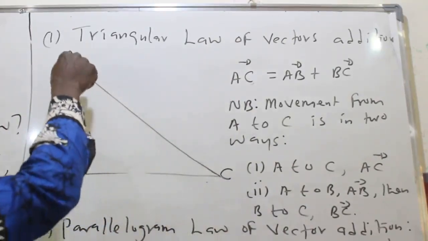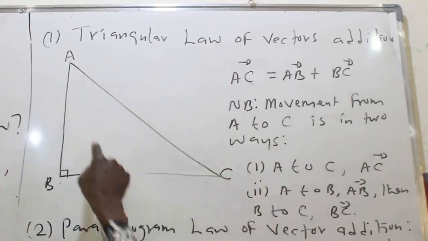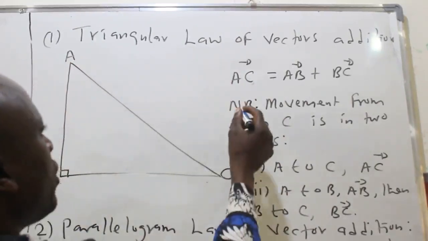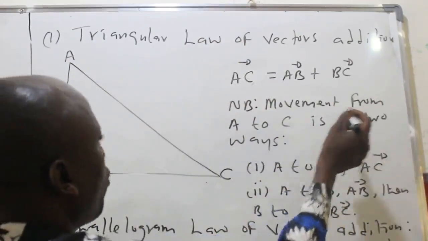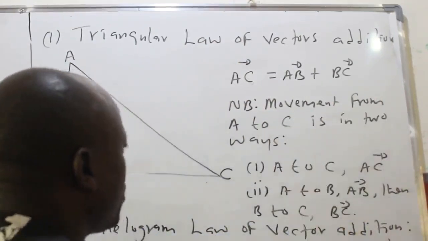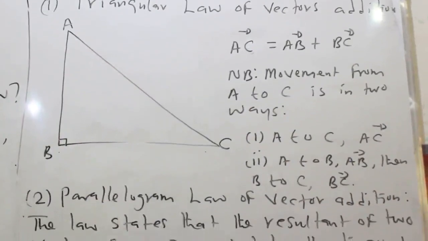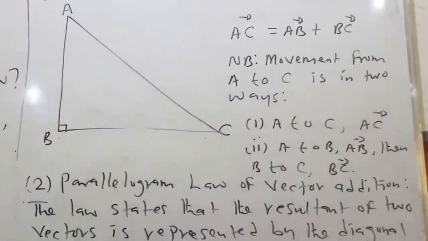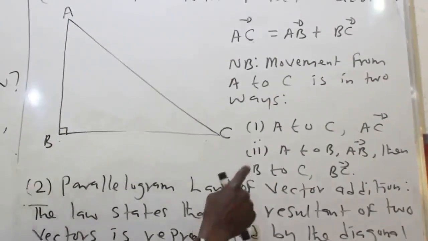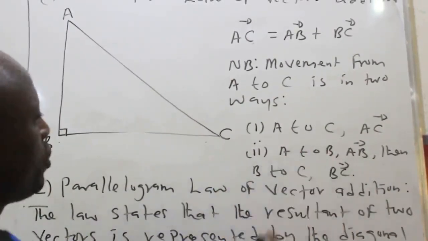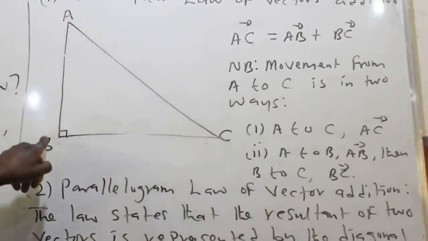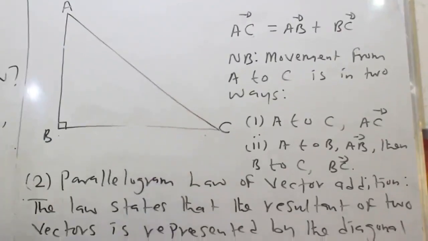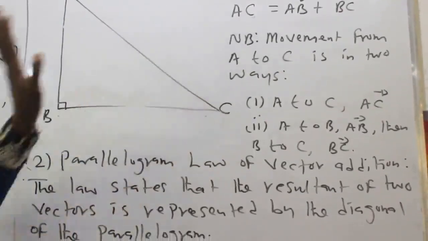That is why AC is the same thing as from A to B, then B to C. Notably, movement from A to C is in two ways. The first approach is to move from A to C, that is AC. The second movement is to move from A to B, which is AB, then B to C, which is BC. That is what the triangular law is explaining.